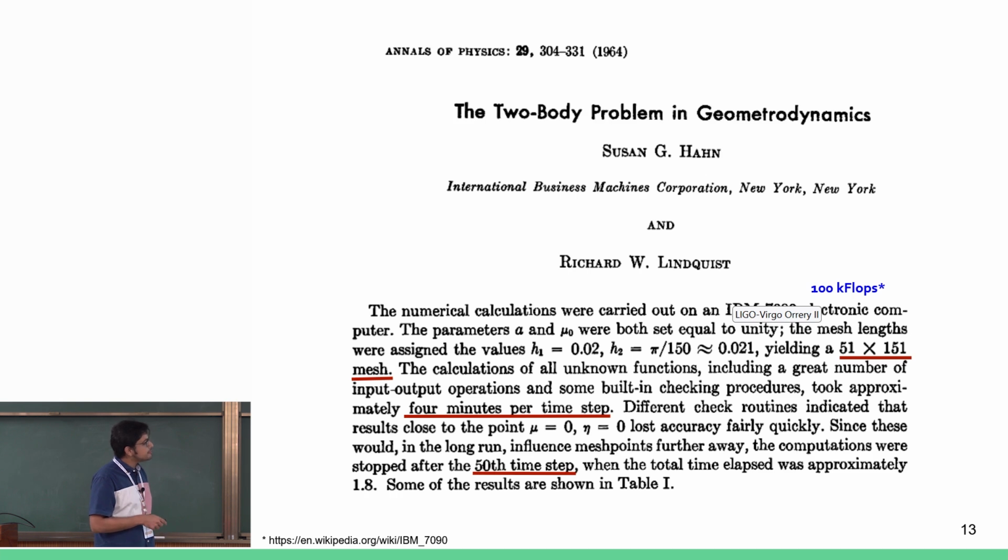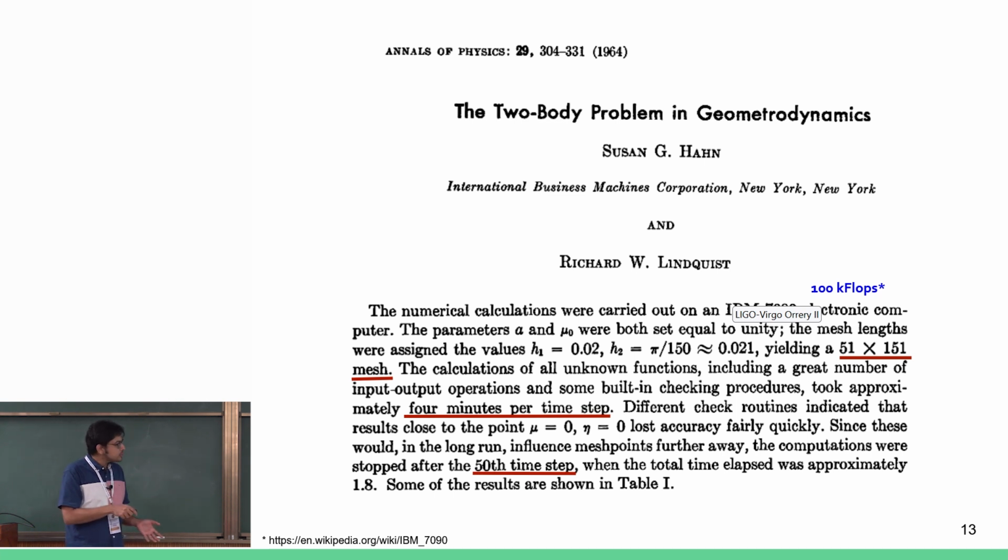Now, the very first attempts to solve this problem fully numerically was made as early as 1964 when Susan Hahn and Richard Lindquist used some of the early IBM computers to try to evolve Einstein's equations in a particular formulation.